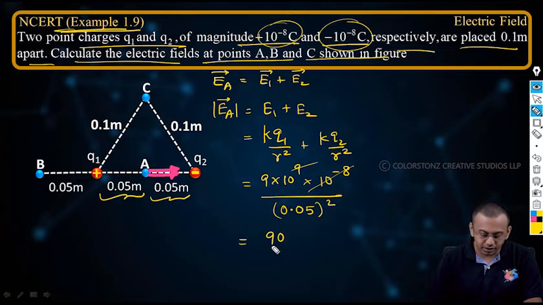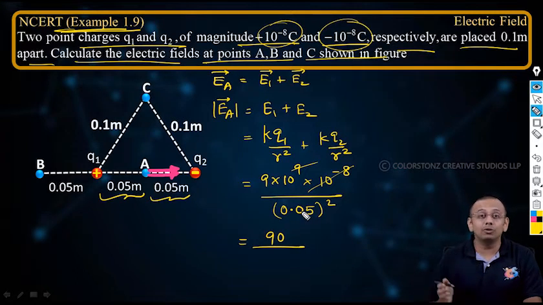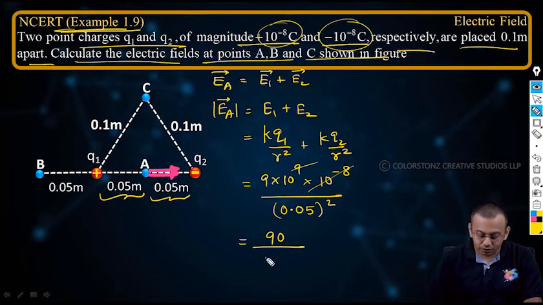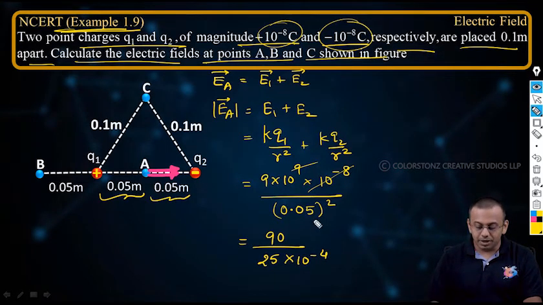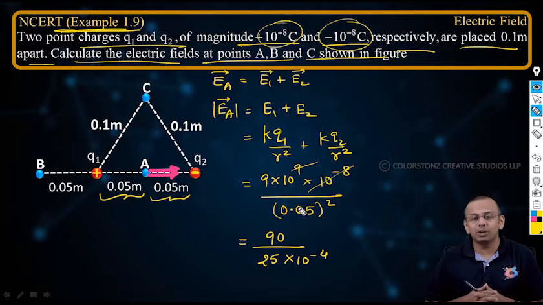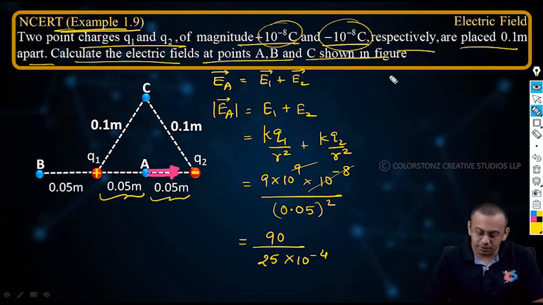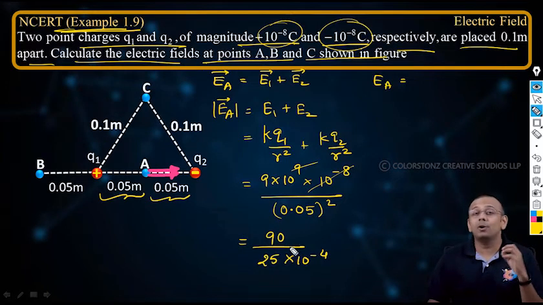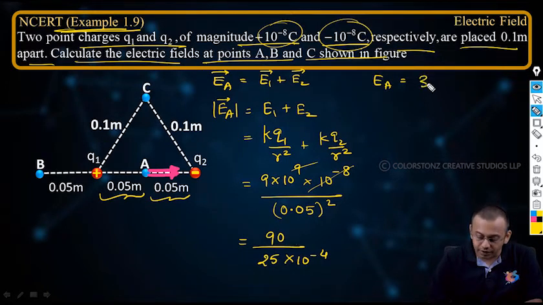So we have 90 upon 0.0025, which I can also write as 25 into 10 to the power minus 4, because this is 5 into 10 to the power minus 2. If we simplify, we get 90 upon 25, which is 3.6, and the 10 to the power minus 4 goes to the numerator and becomes 10 to the power 4.